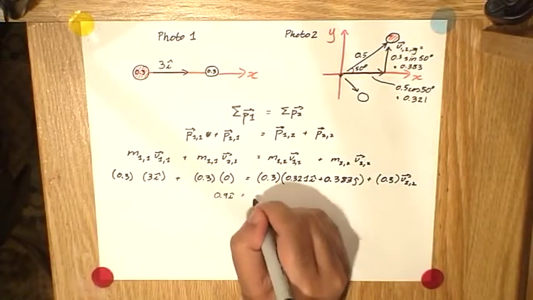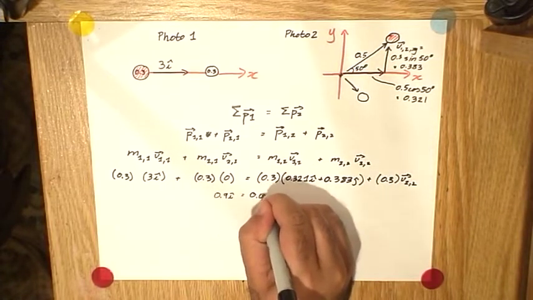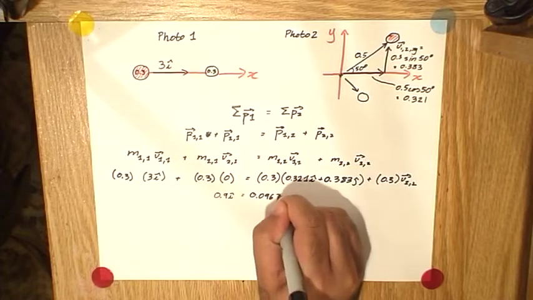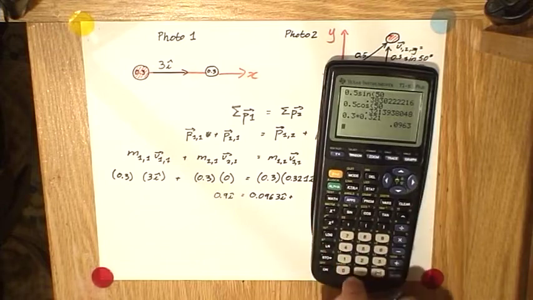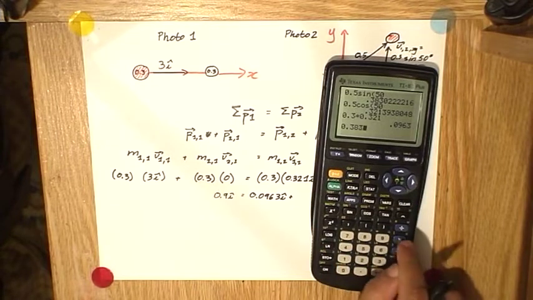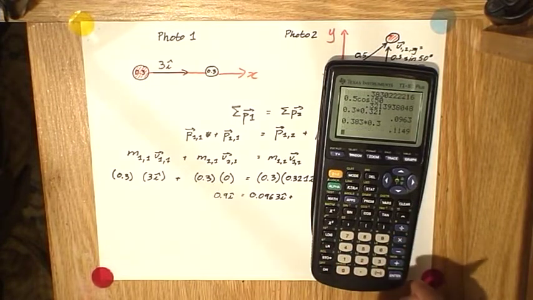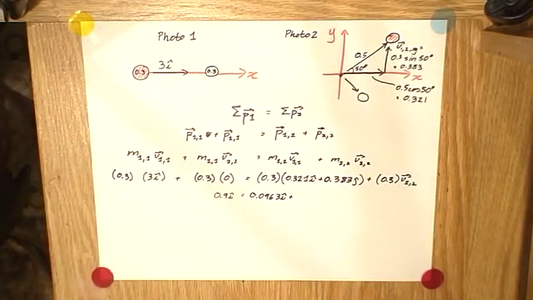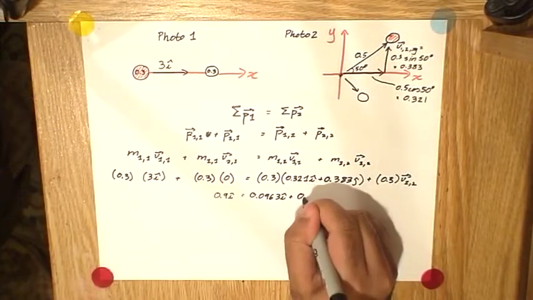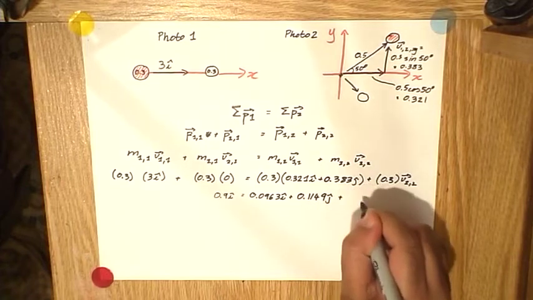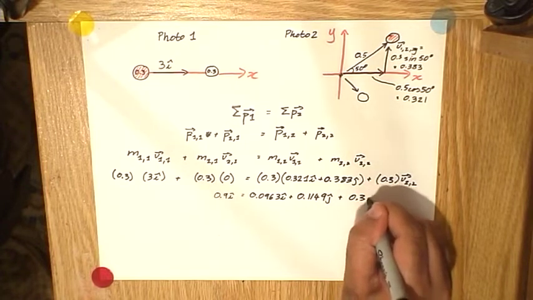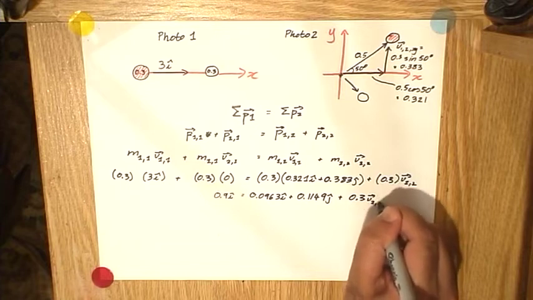So multiplying this across, we get 0.0963 i hat plus 0.383 times 0.3 gives us 0.1149, 0.1149 j hat plus 0.3 velocity of ball 2 in photo 2.